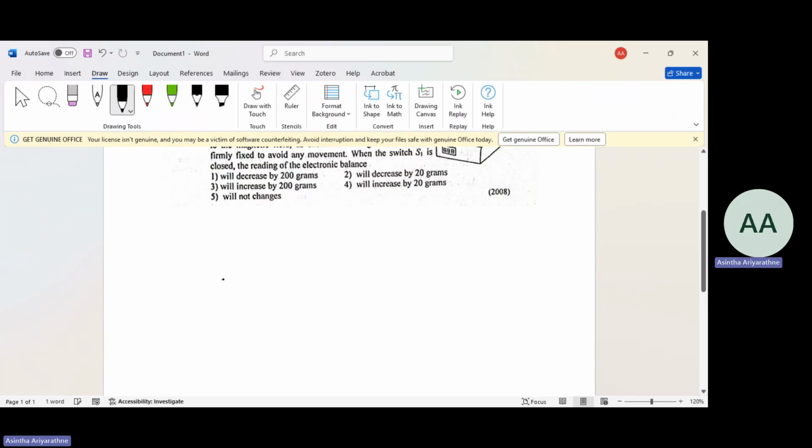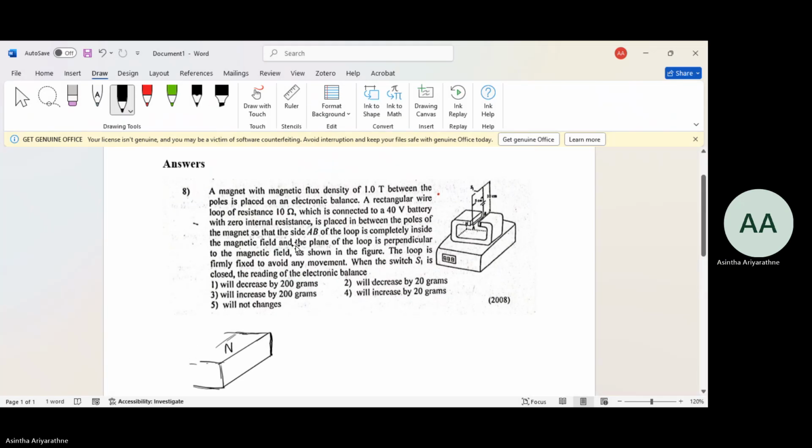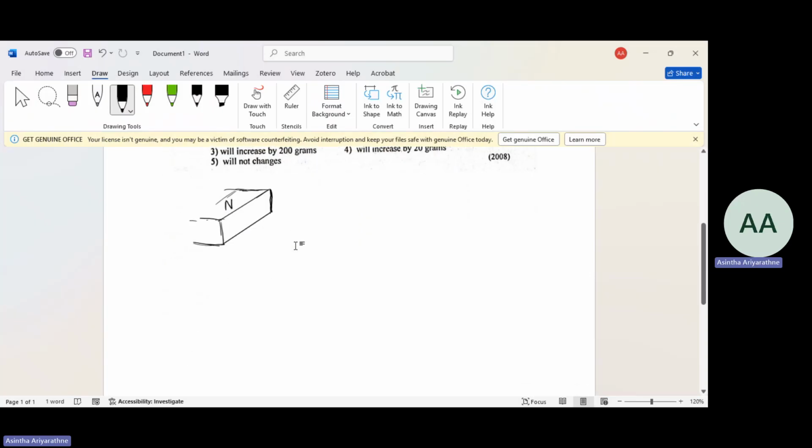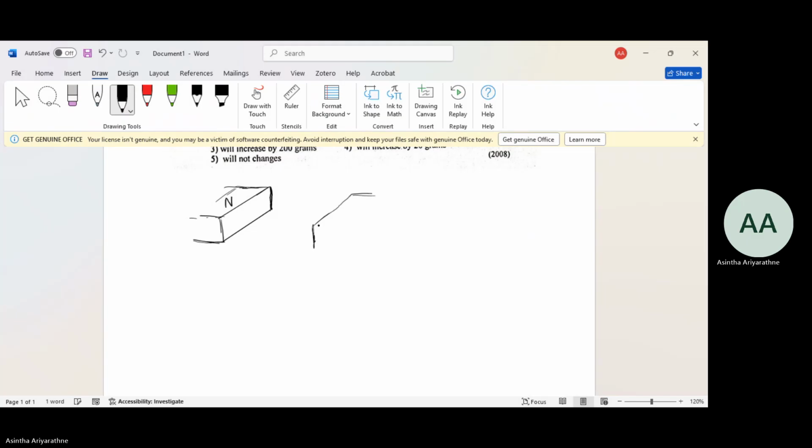Right, so we have a magnet like this, with a north pole and a south pole, so the magnetic field is in this direction.